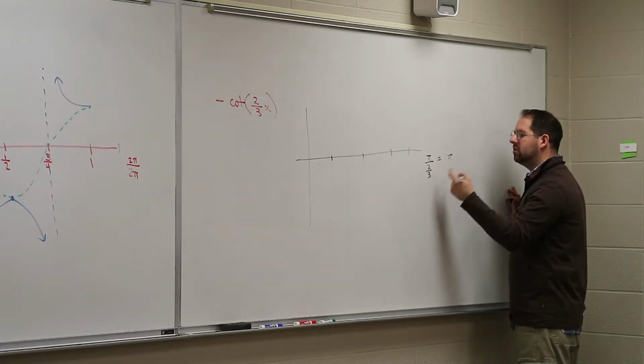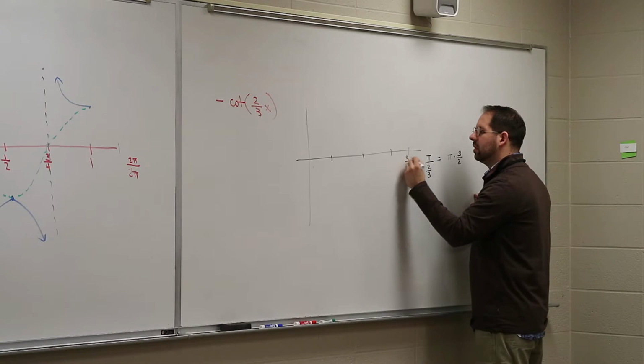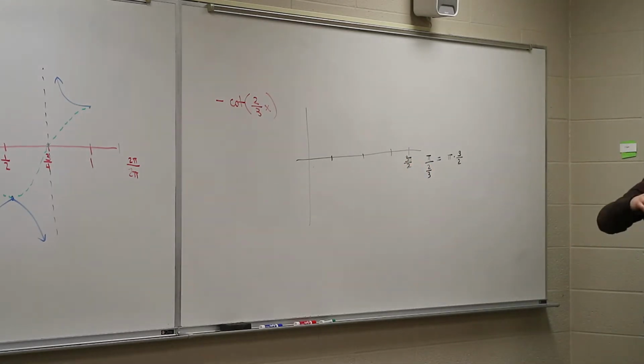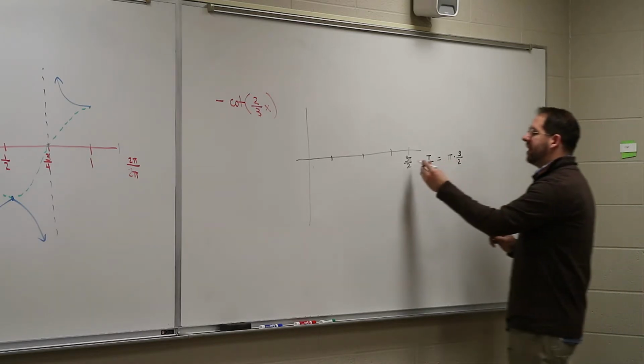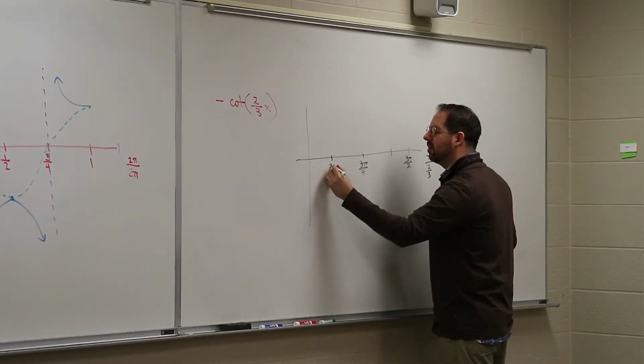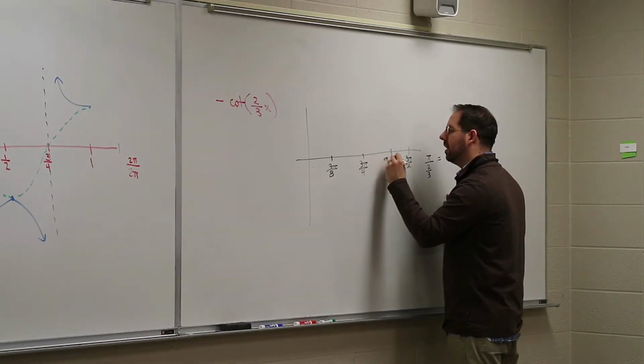If you divide pi by 2/3, it's actually pi times 3 over 2, which is 3 pi over 2. So that's your marker going across. That's the 4th hash mark. We cut that in half, which is 3 pi over 4. We cut that in half again, 3 pi over 8. And then you multiply that one by 3, which is 9 pi over 8.